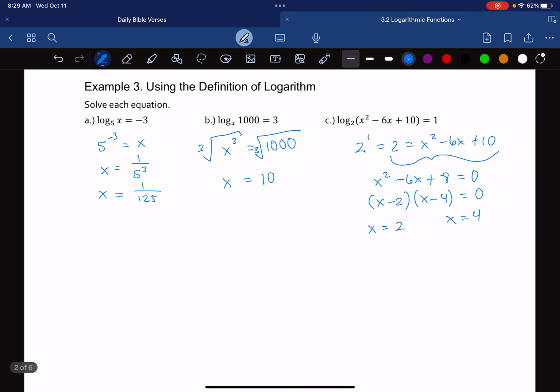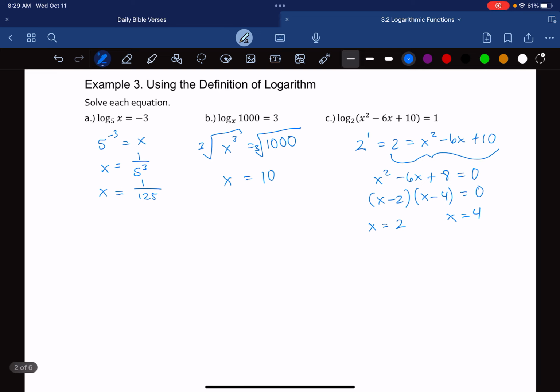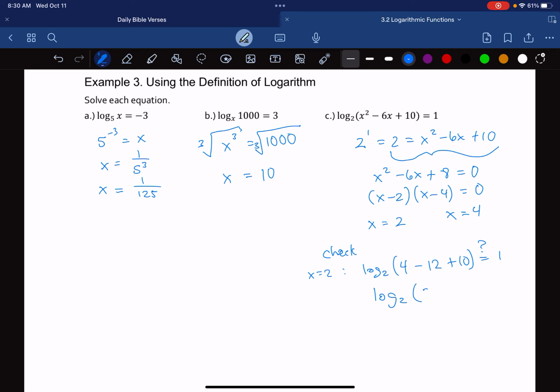So at that point, it looks like those two things would work for us. They'd make that inside equal 2. But what we want to do here is a quick check. For the first one, if we do x equals 2, we get the log base 2 of, plugging in that 2, 2 squared is 4, minus 2 times 6 is 12, plus 10. And does that equal 1? That's our question there. So this is log base 2 of 4 minus 12 plus 10, that's 2.